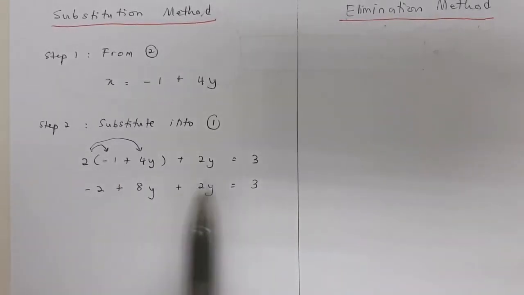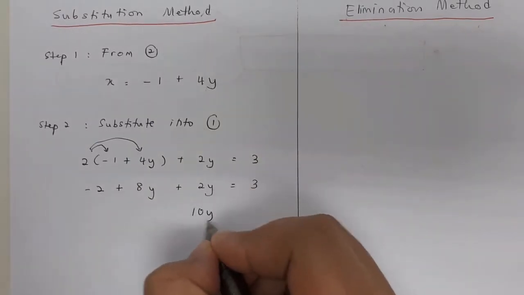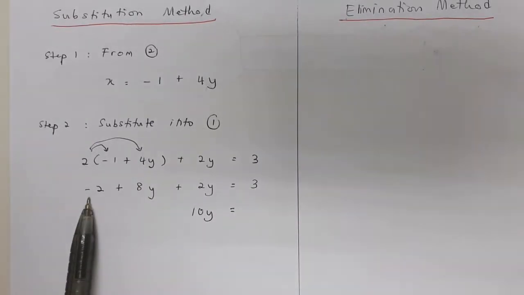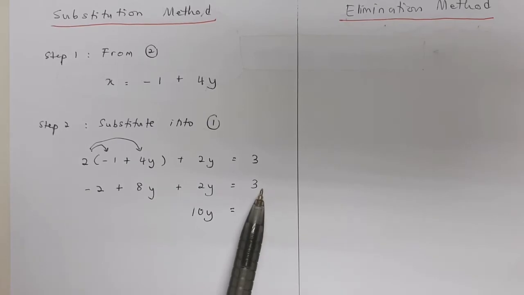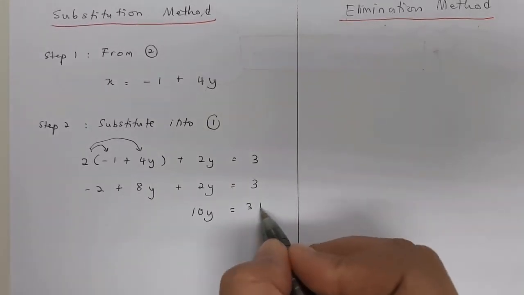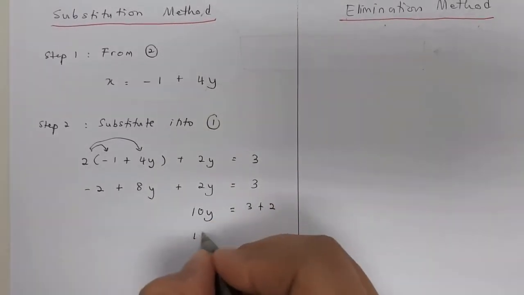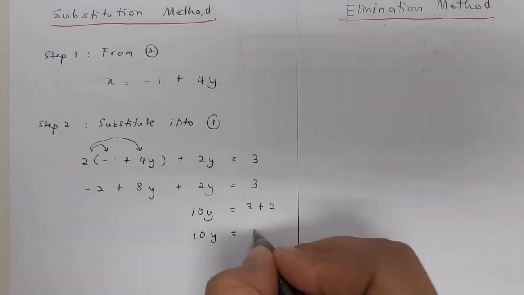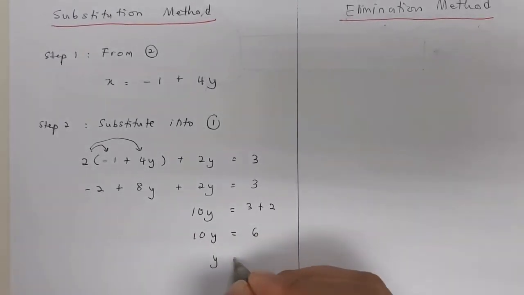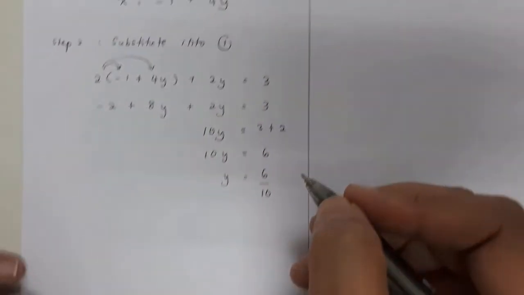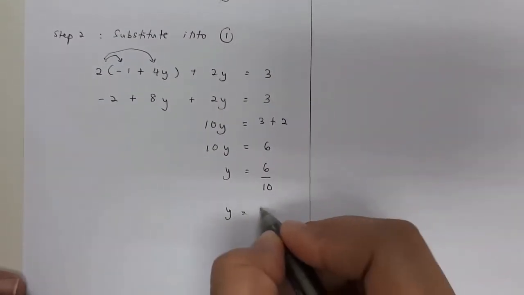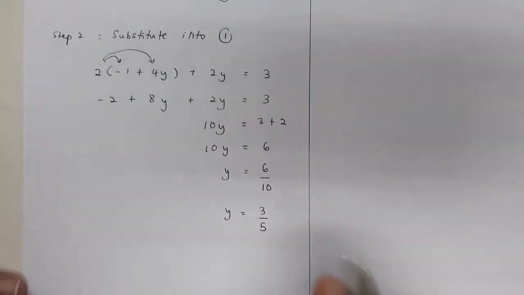Okay, 8y plus 2y is 10y equal. Bring negative 2 to the other side, jadi plus. So 10y equal 6. Y equal 6 over 10.